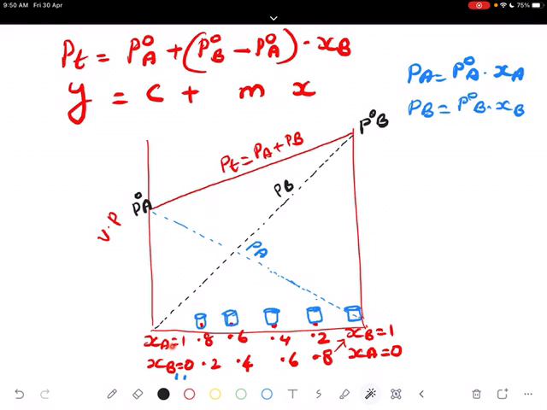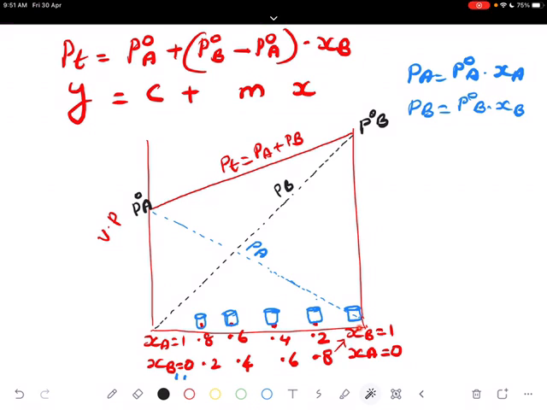When you consider only A, the concentration of A, see here 0.8, 0.6, 0.4, 0.2, then 0. Now here XA is 0. XA 0 means that the A component is not present there, so the vapor pressure due to that is 0.